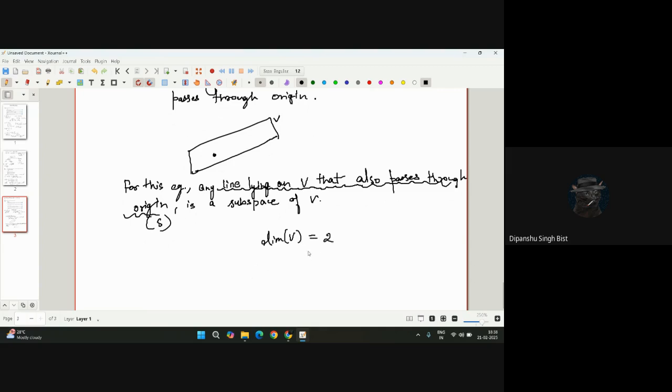Though it is in R3, it's still a plane, so the dimension is 2. And the subspace S is a line, so the dimension of S here is 1.